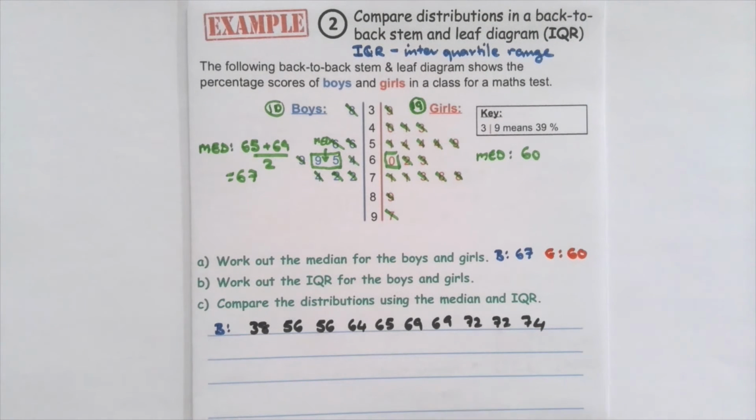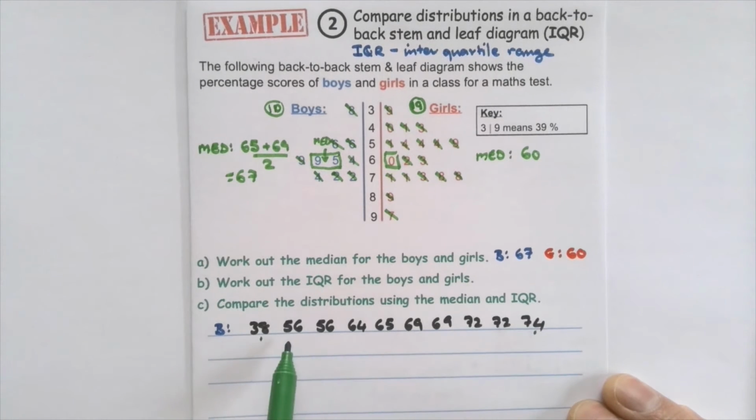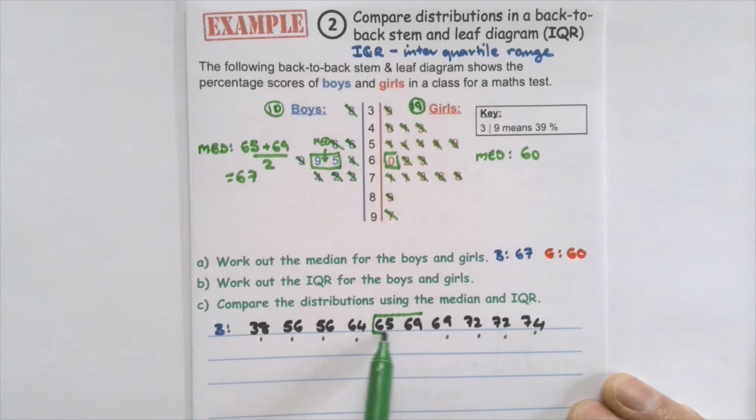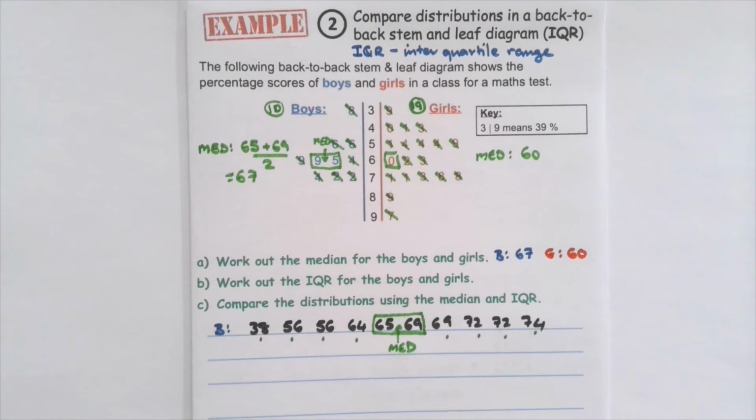And I knew that the middle two numbers, okay, let's count our way inwards then. The middle two numbers, that's where the median lives, right? So the median is in there, in the gap.